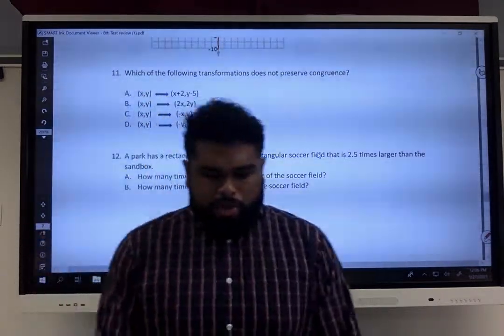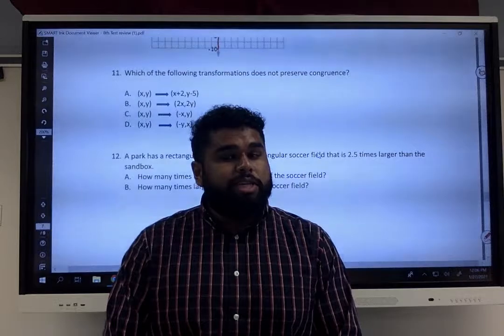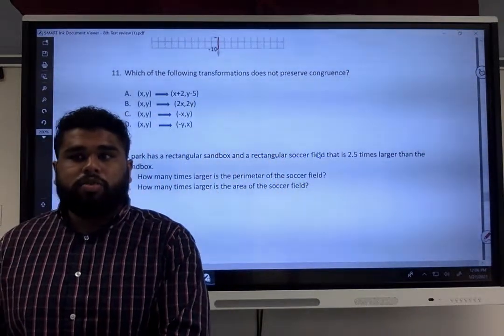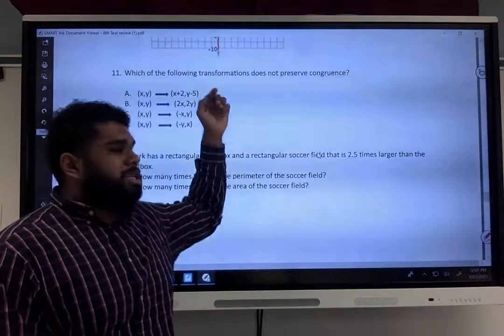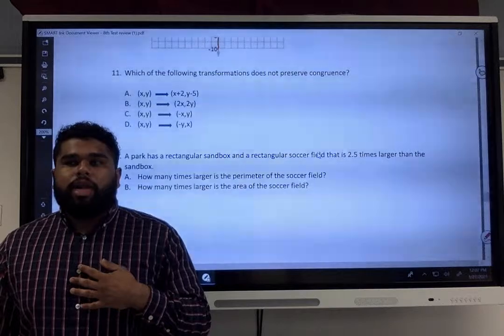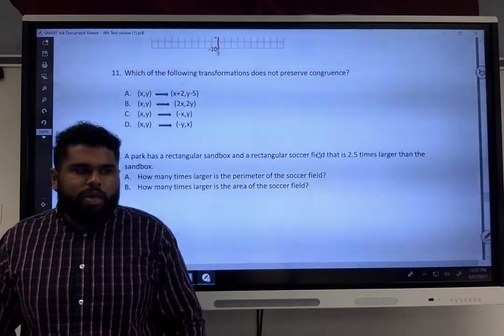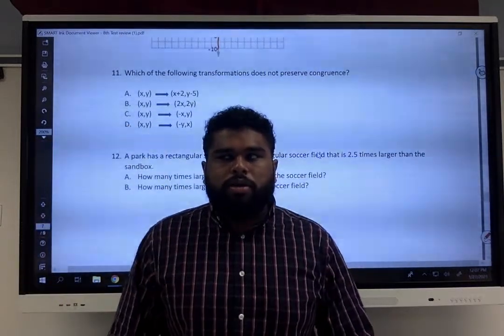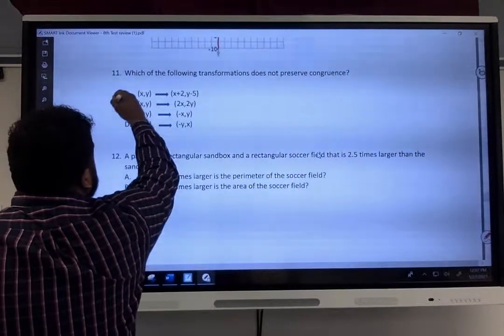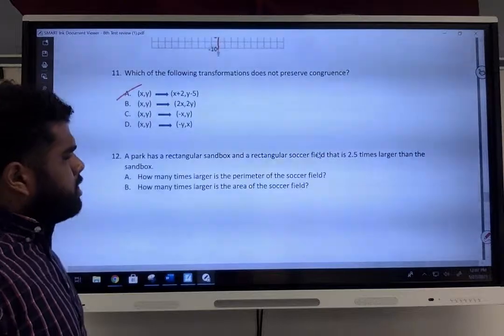If I start at the middle, x plus 2, remember, if you see x plus, you're moving to the right, okay? I move to the right 2, and y minus means I'll move down. In this case, I'll move back 5. Now, am I the same size as I was when I started over here? Yes, so I preserve congruence, okay? And we're looking for what doesn't preserve congruence, so that's out of the question.